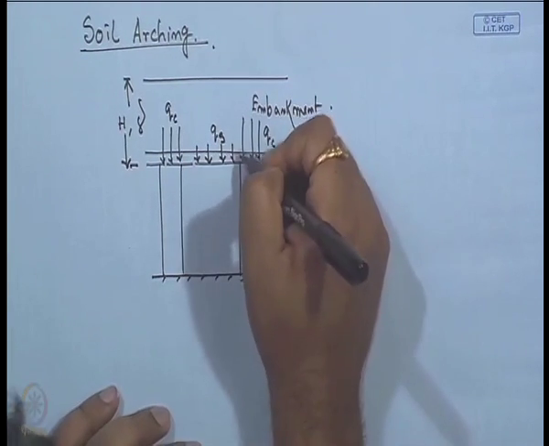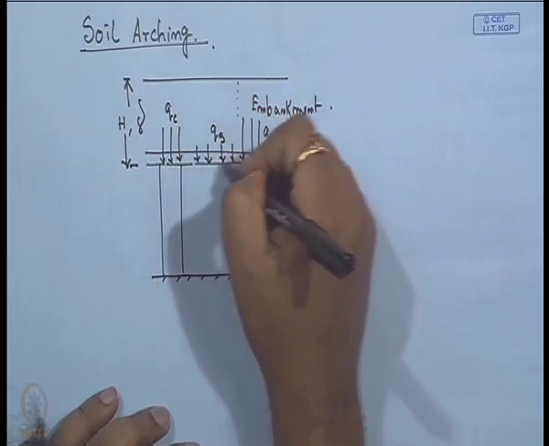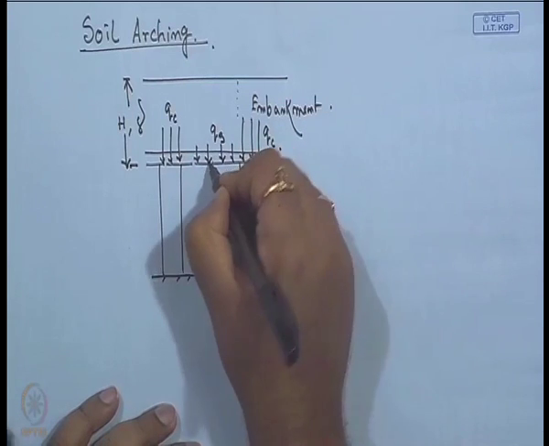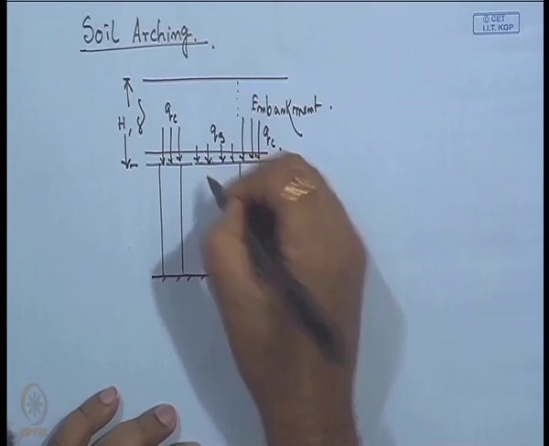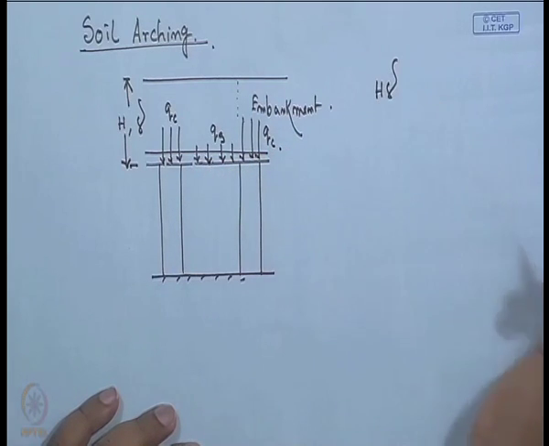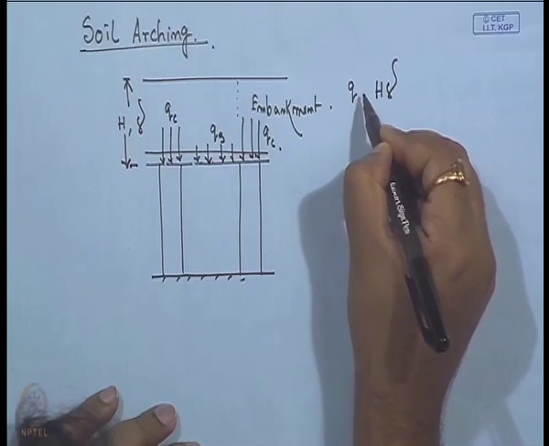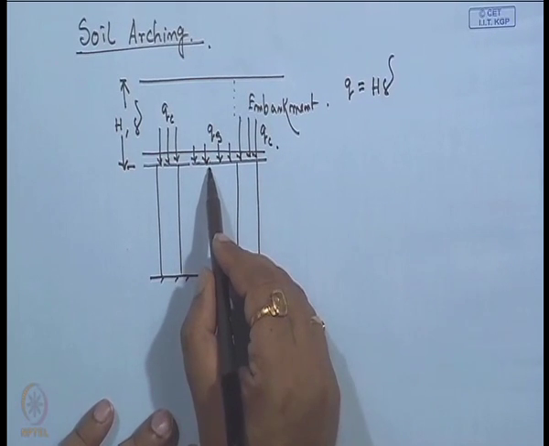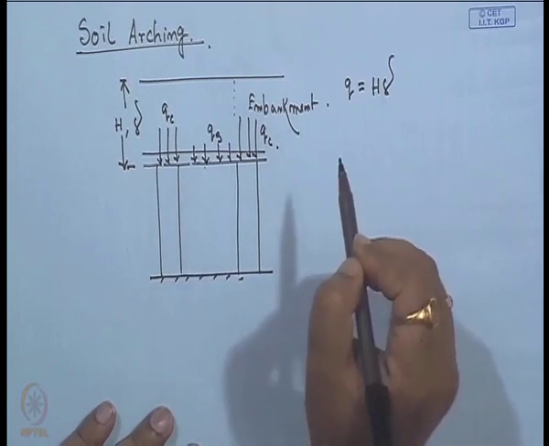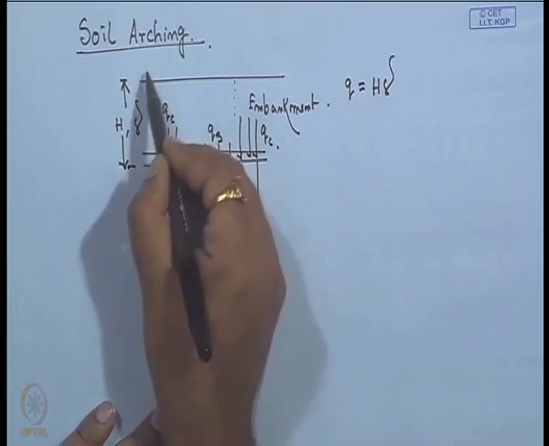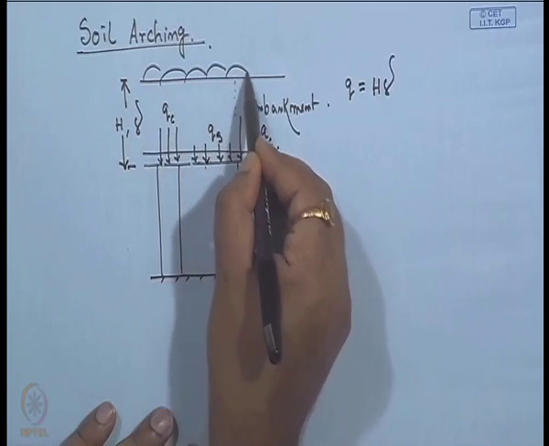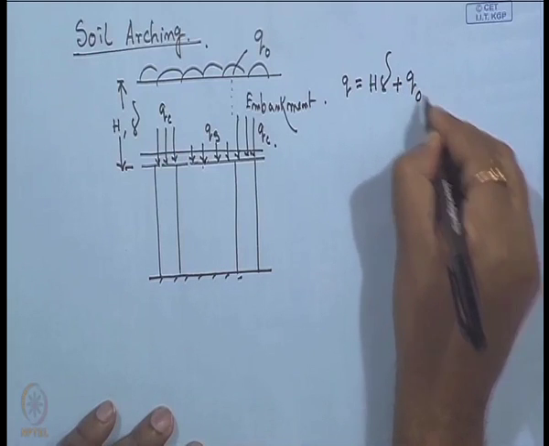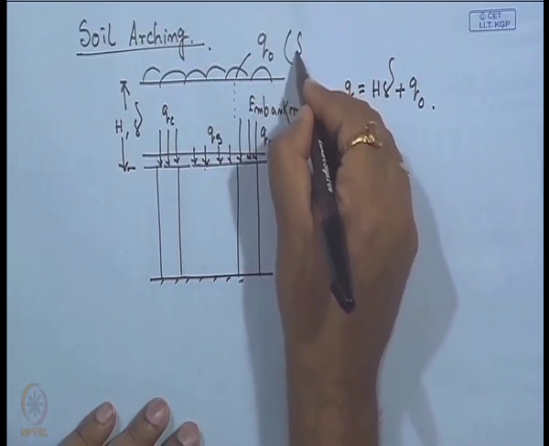At the base of the soft soil, the ideal load is gamma times H, that is the q which is acting here, if there is no soil arching. So, the total force acting here is gamma into H. If there is a surcharge over this zone, with value q_0, then this will be gamma H plus q_0.